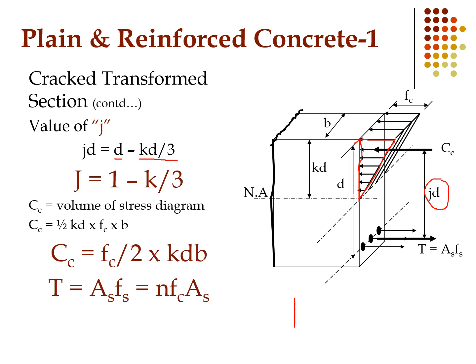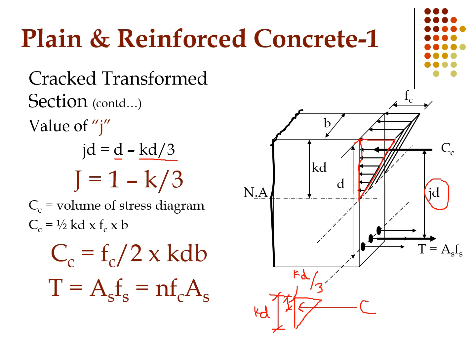If we have a rectangle, something like that, and that distance is kd, and this is the centroid for the compression force, we know that this distance will actually be kd by 3.